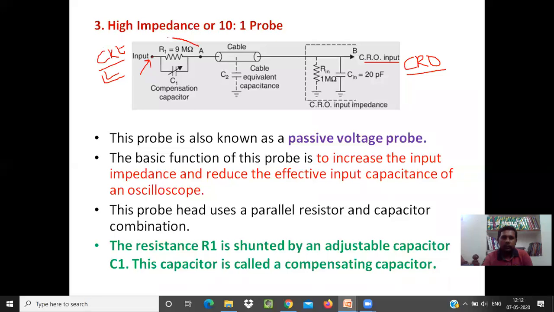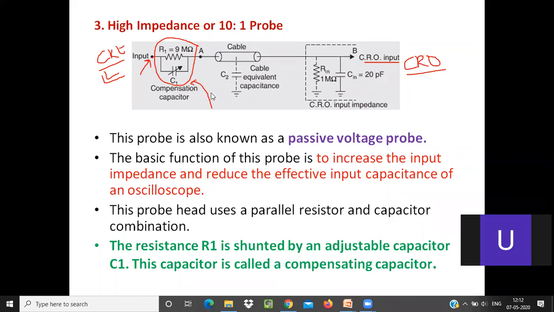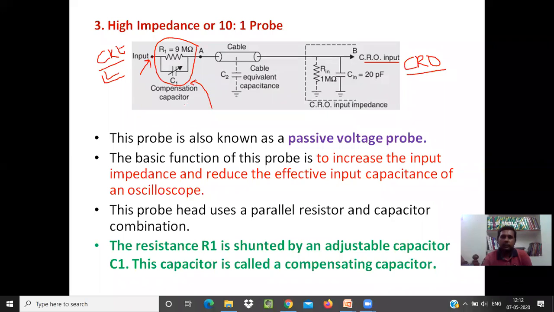If you see this, there is one parallel combination of R and C. This parallel combination of R and C increases the input impedance. How does this increase the input impedance?